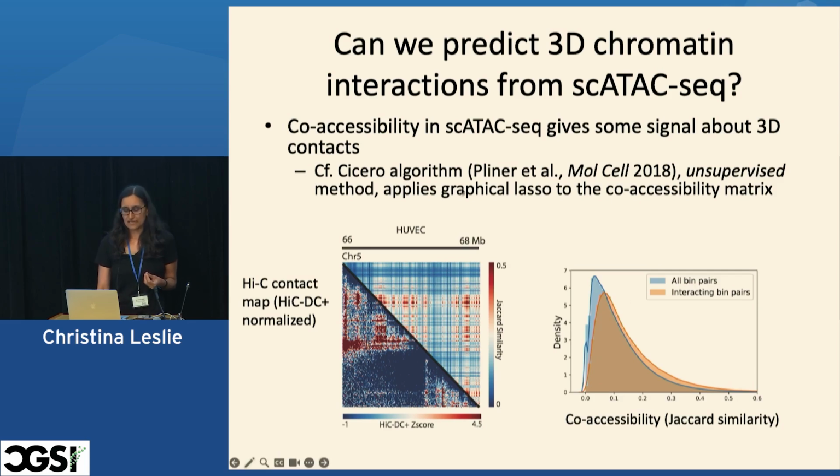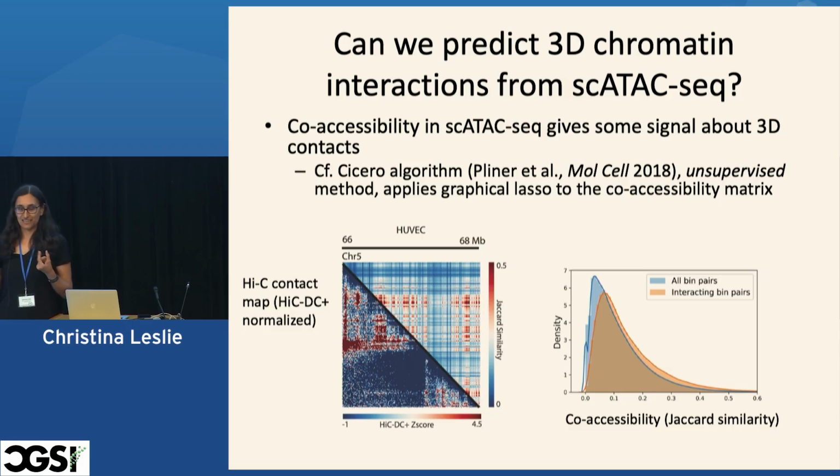Okay, and there's an idea from a very popular paper, a method called Cicero from some time ago. Their intuition was that maybe if you look at chromatin accessibility and you have 2 accessible events, like an enhancer and a promoter, right? And if they are opening and closing in a correlated fashion across cells or aggregated cells, metacells, then maybe they're more likely to interact in 3D, okay?